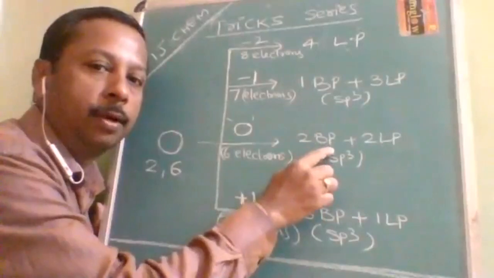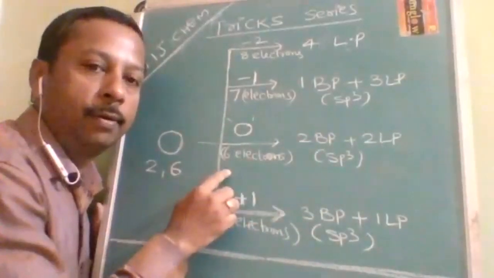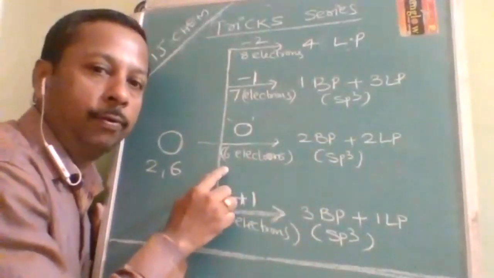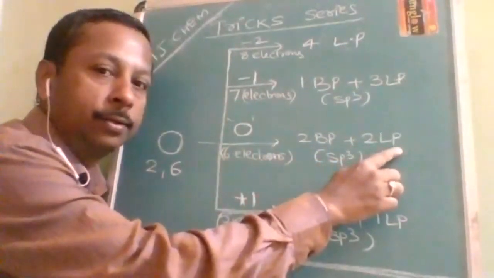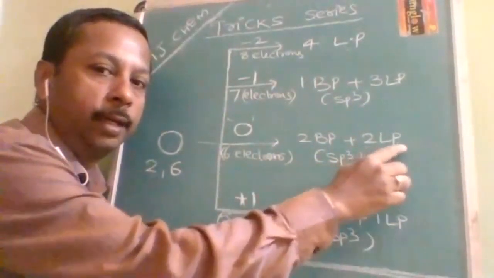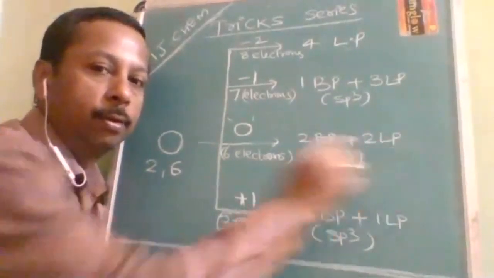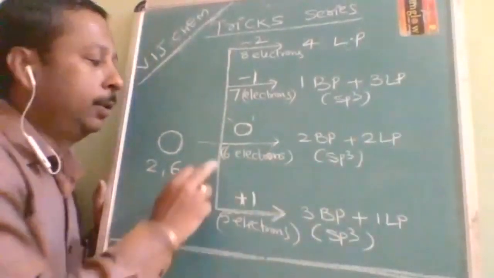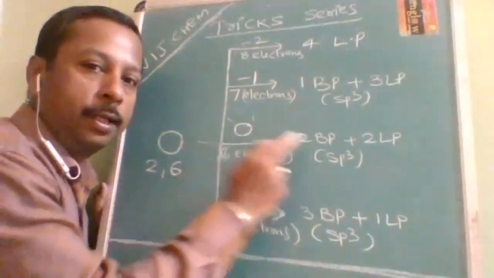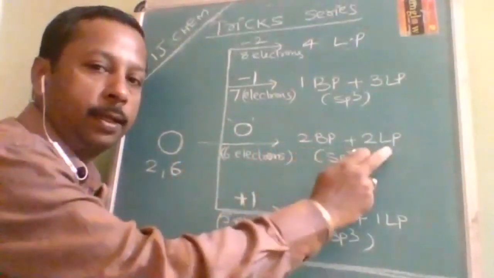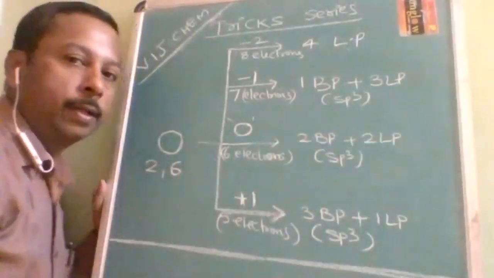So 2 will be bond pair, leaving 4 electrons. 4 electrons will make 2 lone pairs, because one pair contains 2 electrons. So this is the trick: if there is no formal charge, it is going to contain 2 bond pairs and 2 lone pairs.